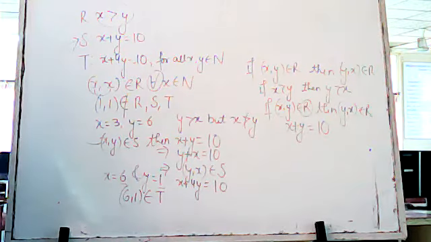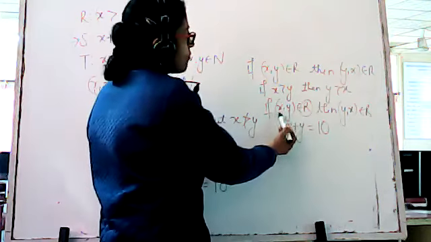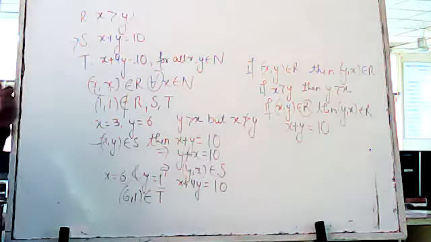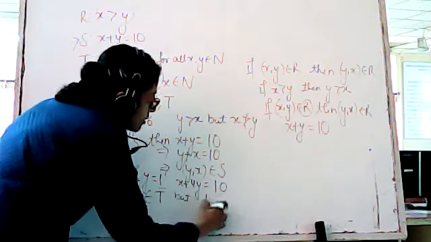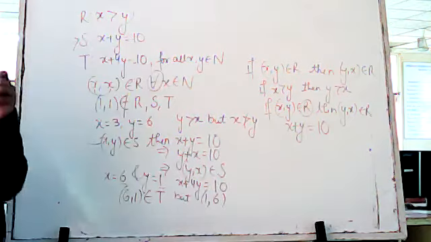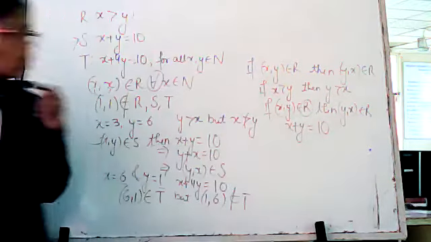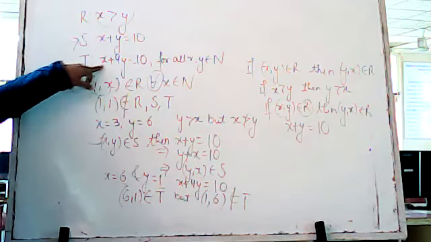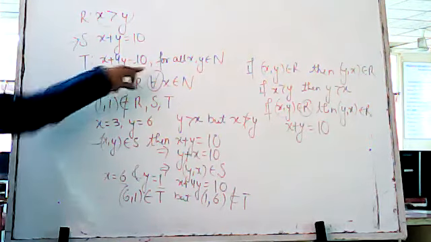So ordered pair 6-1 belongs to relation T. But the definition of symmetry says that if ordered pair xy belongs to the relation, then ordered pair yx also belongs to that relation. Now if we change it to ordered pair 1-6, will it satisfy relation T? No. Ordered pair 1-6 does not belong to the relation T. Put x as 1 and y as 6: 6 fours are 24, plus 1 is 25, which is not equal to 10.